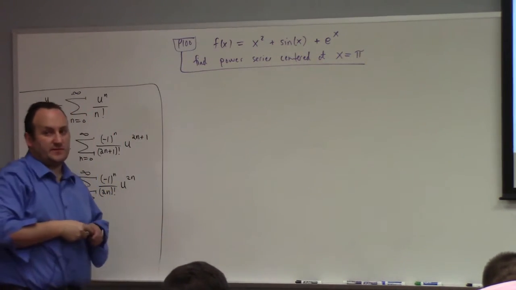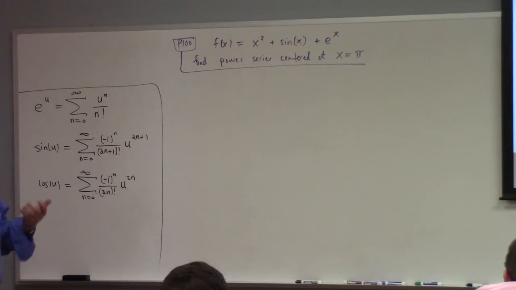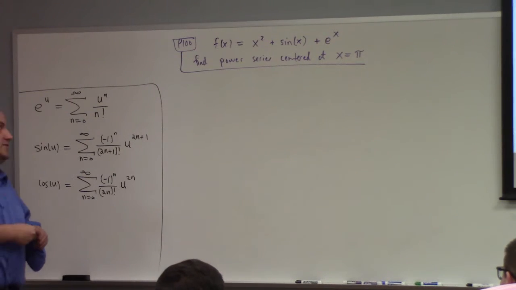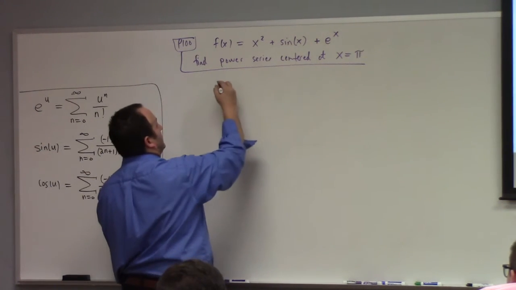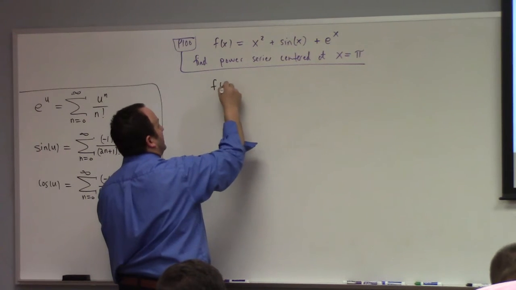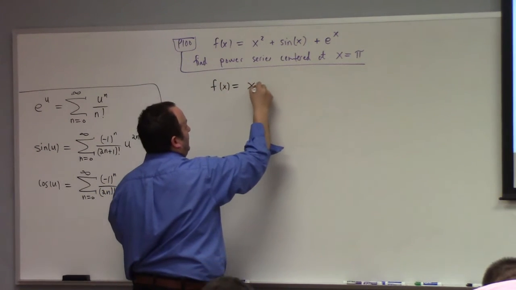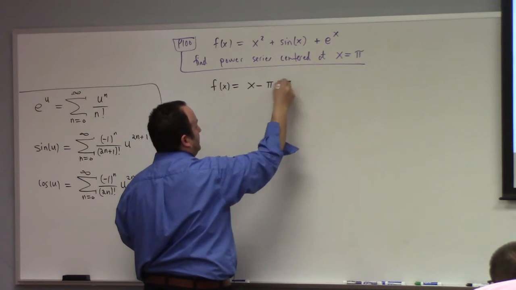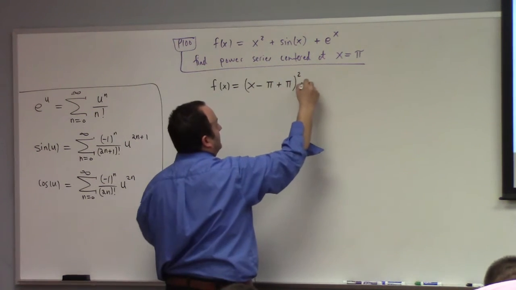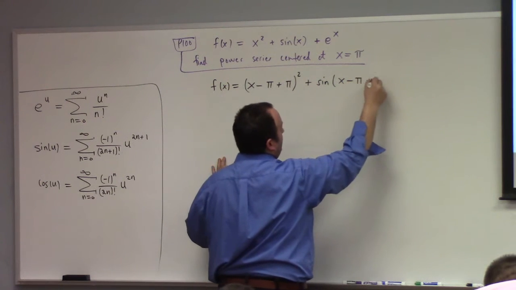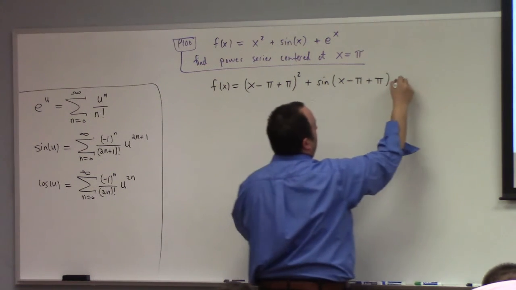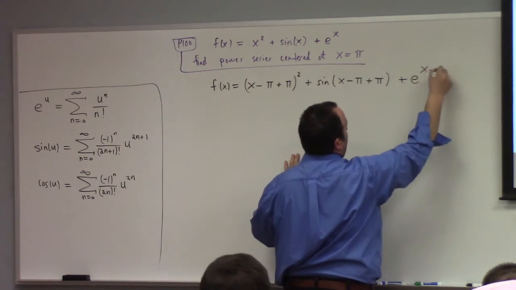You've got choices. You can either calculate the derivatives of this to arbitrary order and look for a pattern. Maybe that's not too bad here. If we use my substitution trick, though, it looks like this. I would say, okay, so that's really x minus pi plus pi, squared, plus the sine of x minus pi plus pi, plus e to the x minus pi plus pi.